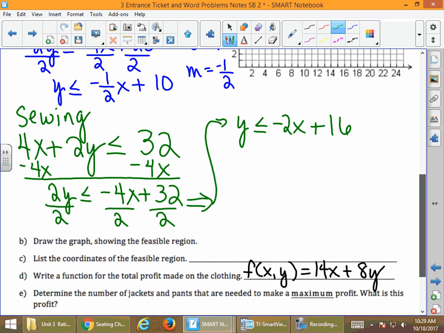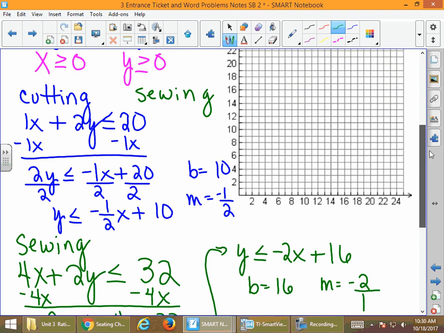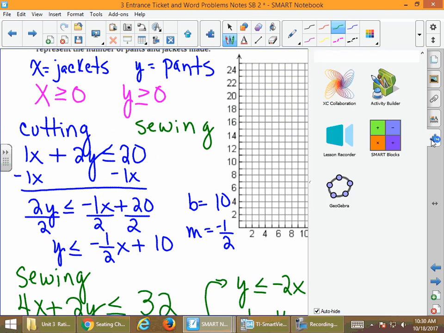From there, what's our y-intercept? It's 16. And our slope is negative 2, which we might want to write down as negative 2 over 1 because we're dealing with rise over run. And now we've got what we need to graph.